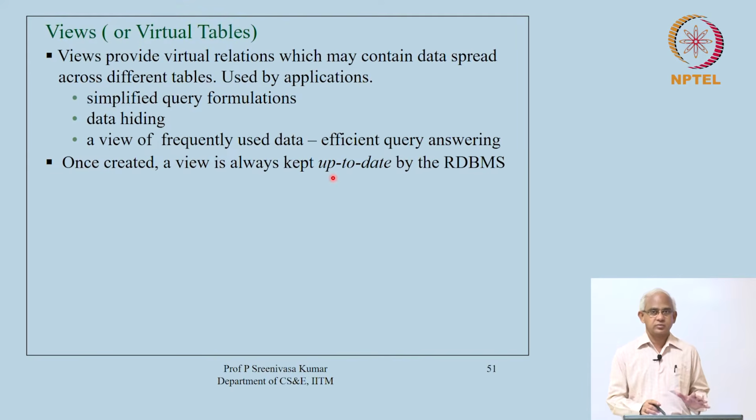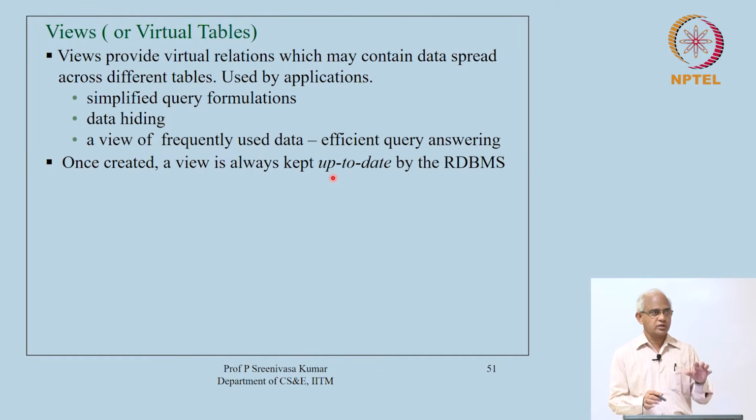We call them base tables, the tables that have been created as part of the create table commands that we have given, and data is available in them. Views will be created by making use of the information in the base tables as virtual tables, and we will see how exactly we declare a view.